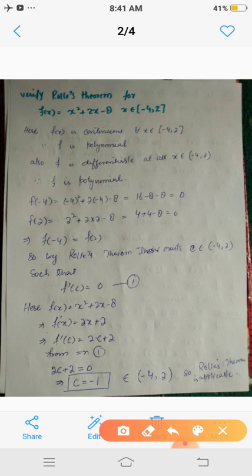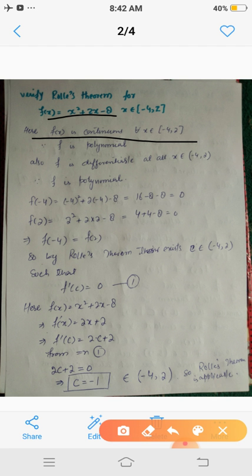Verify Rolle's theorem for f of x equals x square plus 2x minus 8, x belongs to minus 4, 2. Firstly, we have to check whether it satisfies the three conditions of Rolle's theorem. Here f is continuous for all x in the closed interval minus 4, 2, because f is a polynomial.